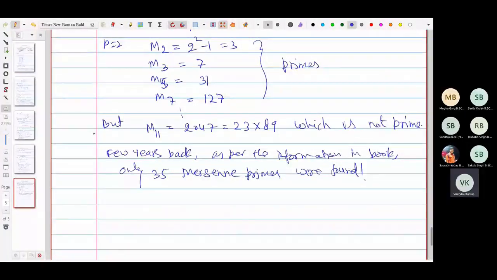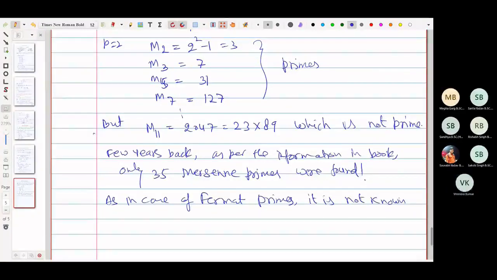It is not known whether they are finite or infinite, as in case of Fermat primes. It is not known whether there are finitely or infinitely many Mersenne primes.